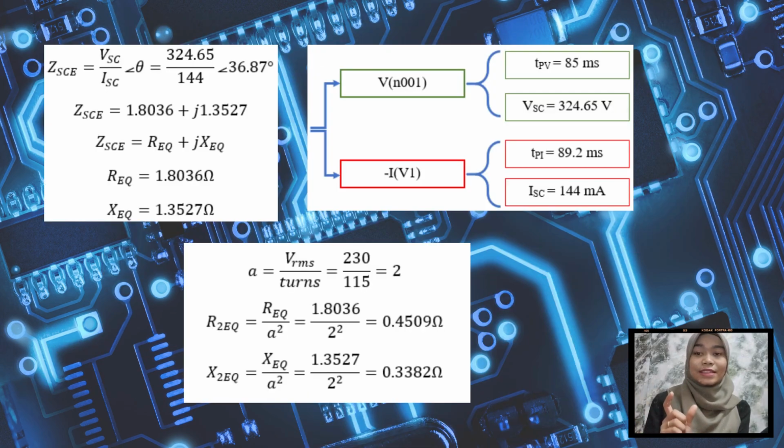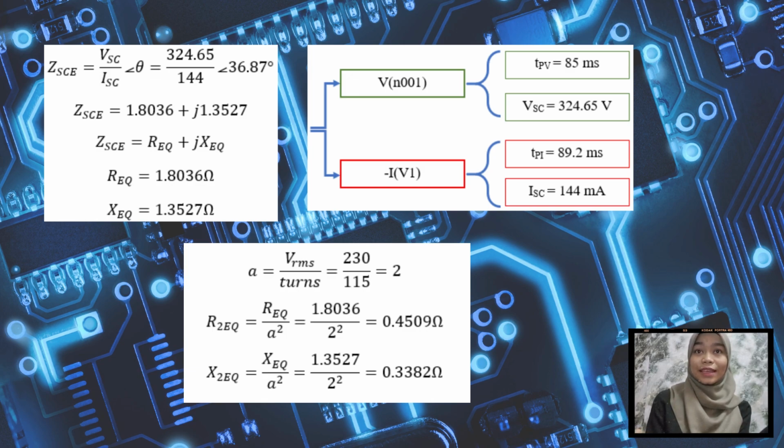From the short circuit test graph, we can get the values of the equivalent resistance and reactance by using the equation ZSCE equal to VSC divided by ISC at angle theta, equal to 324.65 divided by 144 at angle 36.87 degrees.